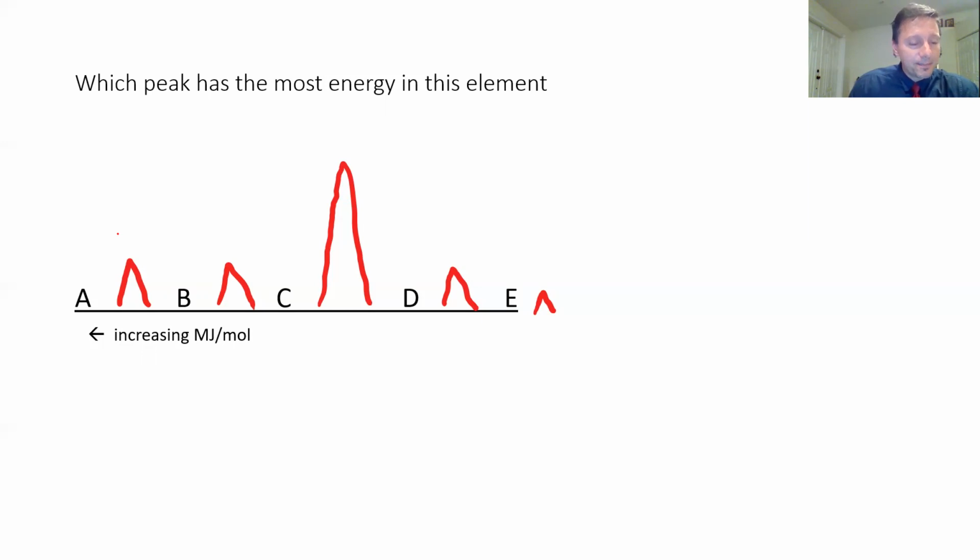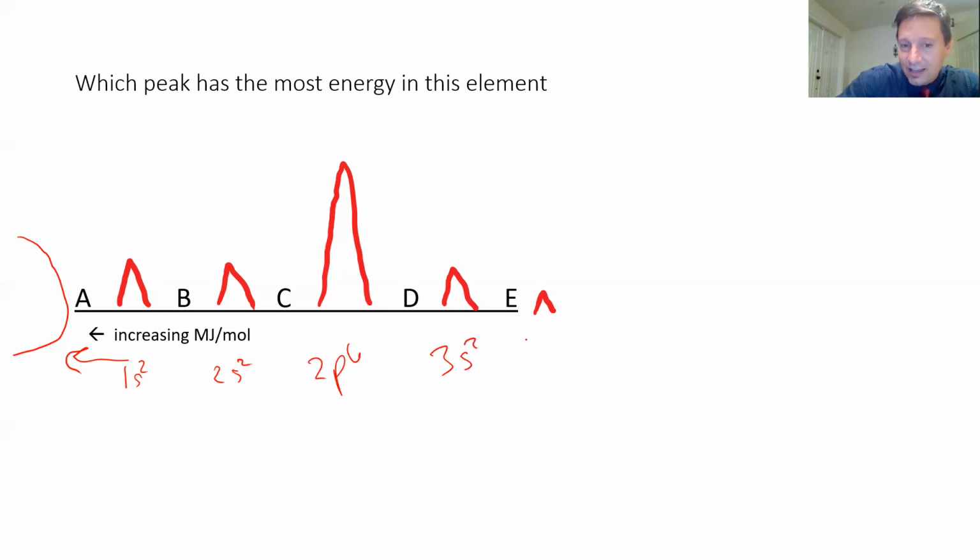When you look at this, you have increasing megajoules per mole. That means going to the left, this direction here, you're getting closer to the nucleus. So you're talking about the nucleus being right there. We could say this is 1s2, this is 2s2, this is 2p6, this is 3s2.